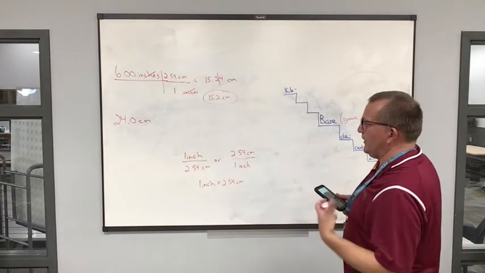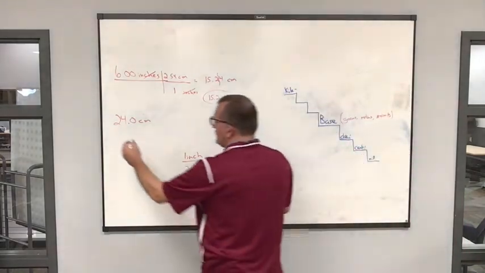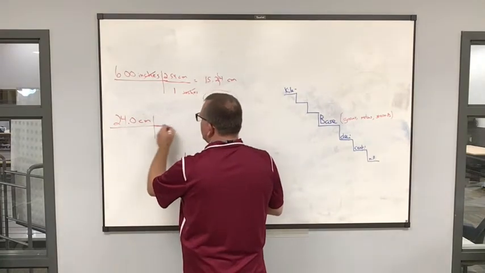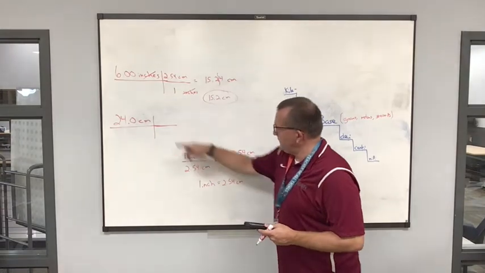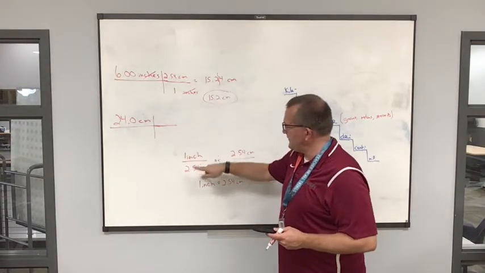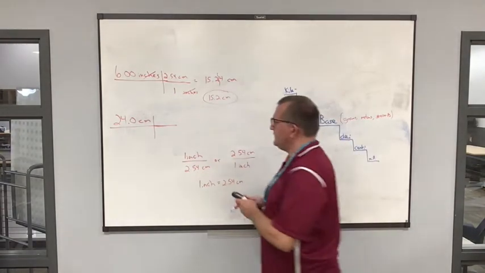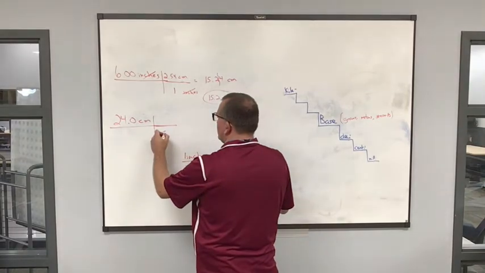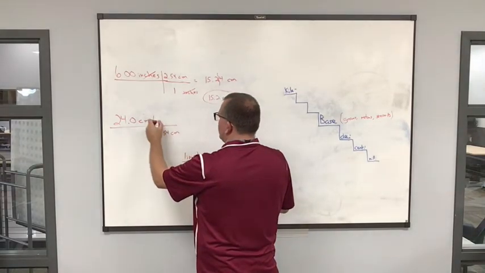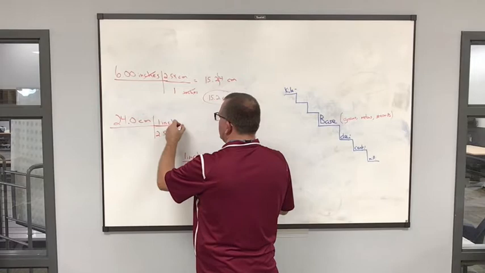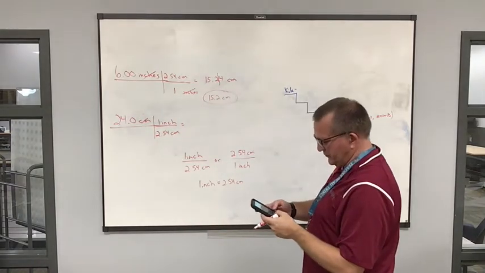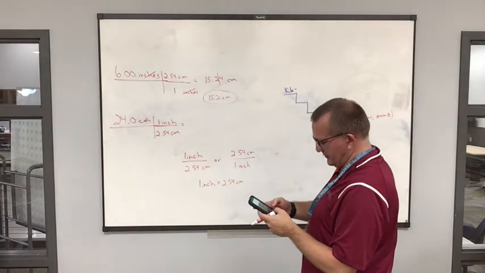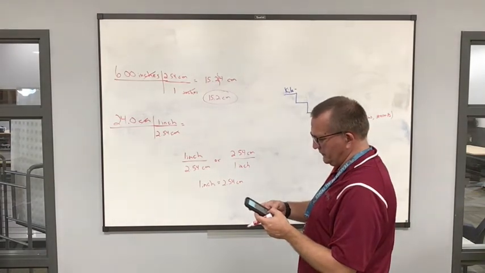Now let's go the other way. Let's go from centimeters to inches. So I have 24 centimeters, and I want to go to inches. Again, they're equal. But since centimeters is up here, I want centimeters down here. So I'll use this conversion factor, 2.54 centimeters in 1 inch. Now, since it's on the bottom, I will take 24 divided by 2.54 and hit equal.